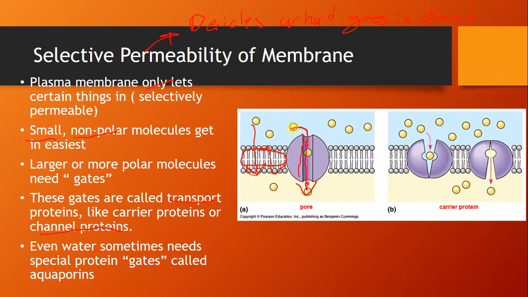They're just big holes that let certain molecules through. Others, called carrier proteins, actively bind onto the molecule that needs to be moved from the outside to the inside or the inside to the outside, change shape and drop it off on the other side. Even water sometimes needs to go through these transport proteins, specifically these channel proteins, and when they carry water, they're called aquaporins.